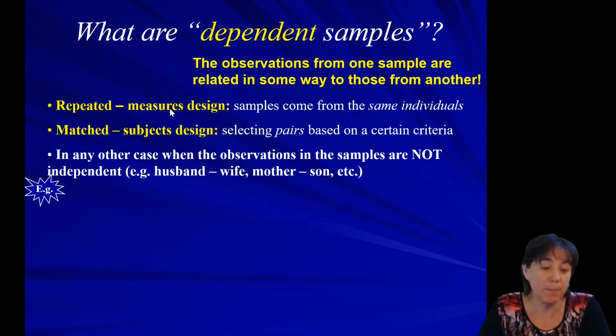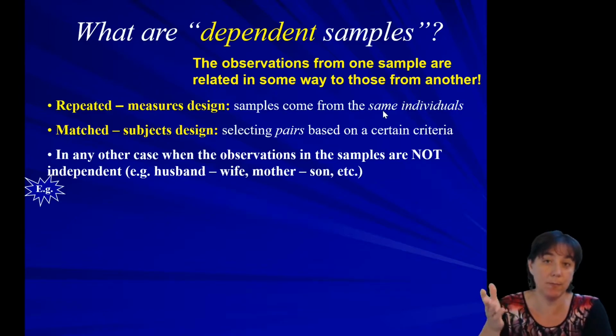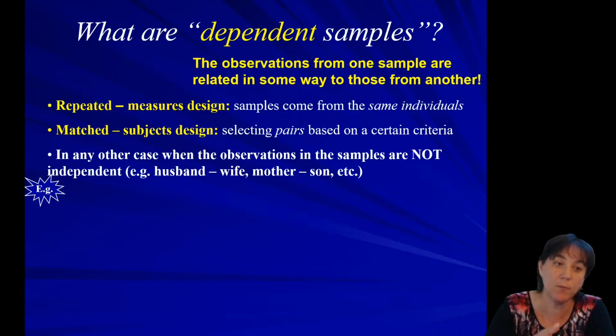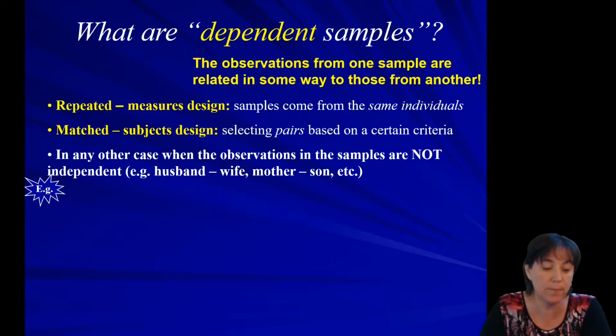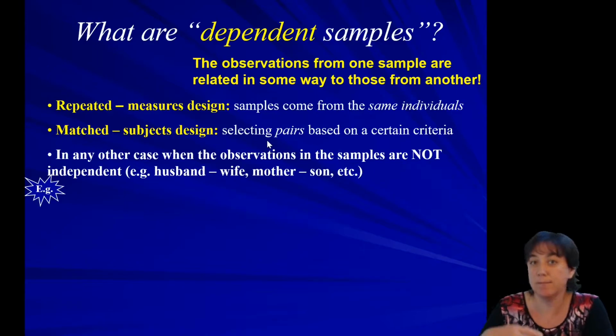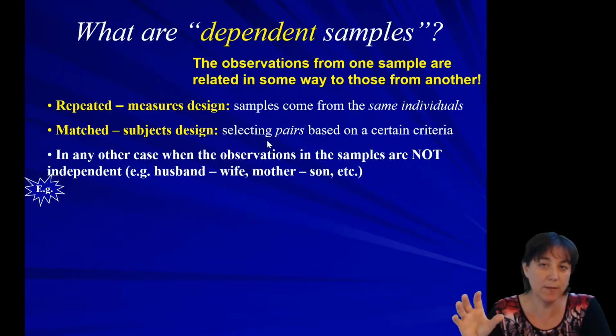Typical is the repeated measures design, where you have data from the same individuals as noted before, for example, in a condition 1 and in a condition 2. You can also do what we call a matched subject design, where you have a set of subjects that are important and you select pairs for them.